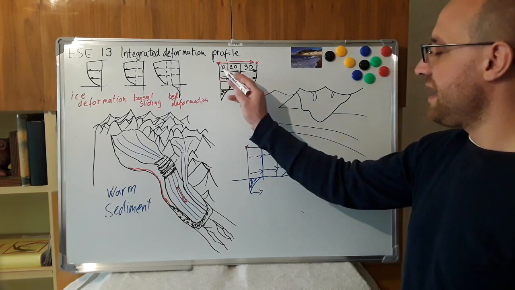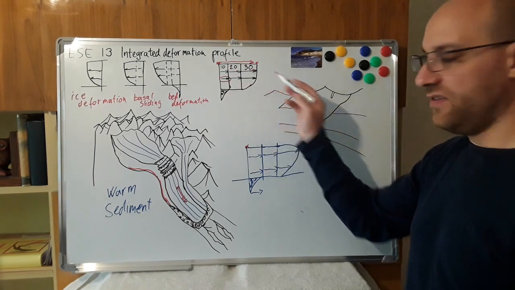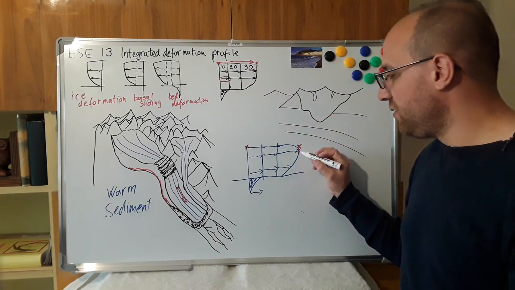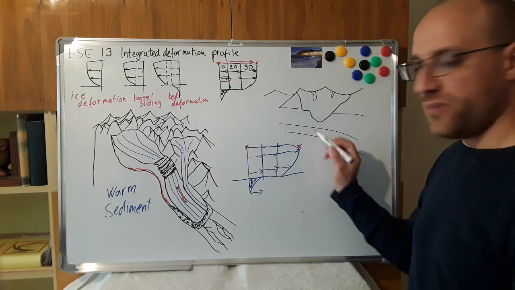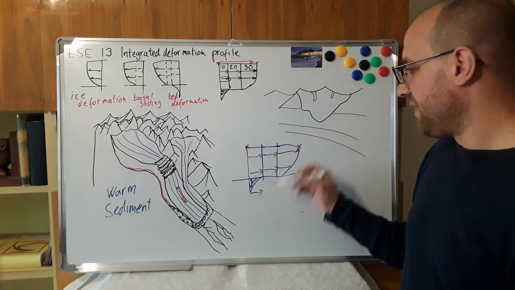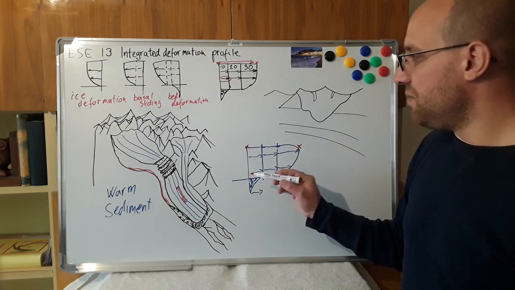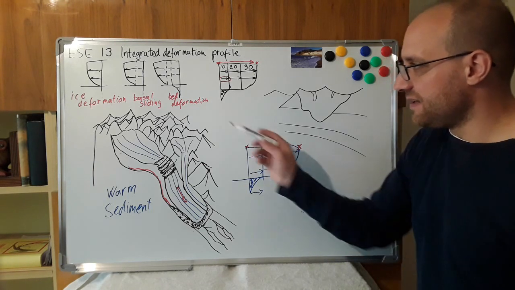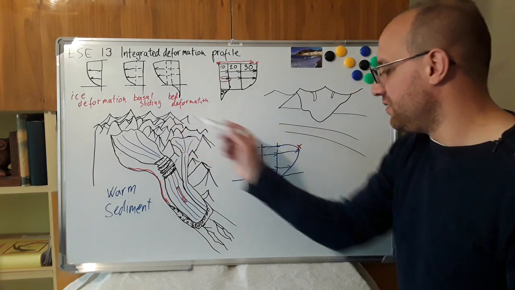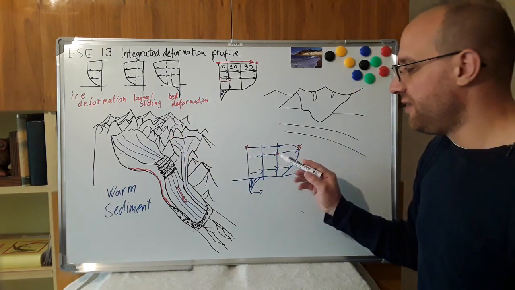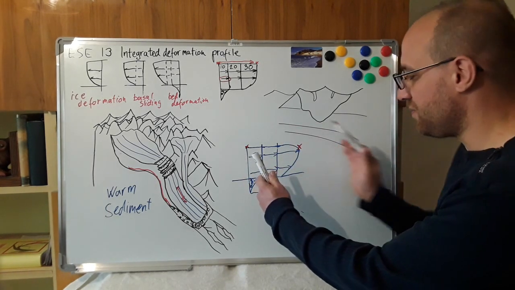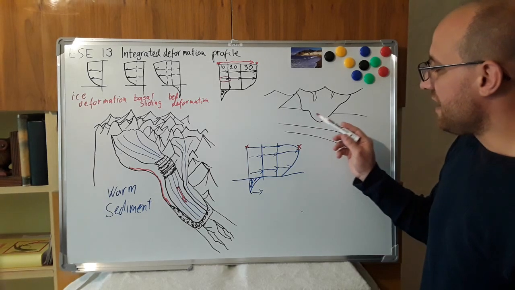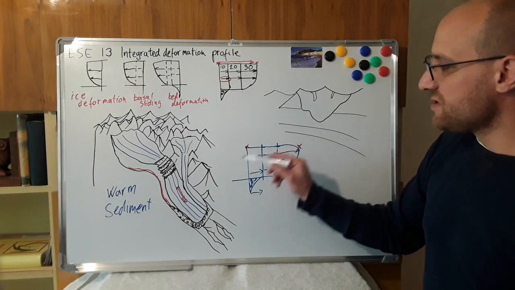And obviously this can be like 10, 20, 30 meters per annum, but this can differ. These are just random numbers that I put here. And obviously, in most cases, I might say that it's the basal sliding that would be the most in real life, but I just don't want to draw so long an integrated deformation profile here. Okay, so that's one case that I was talking about.